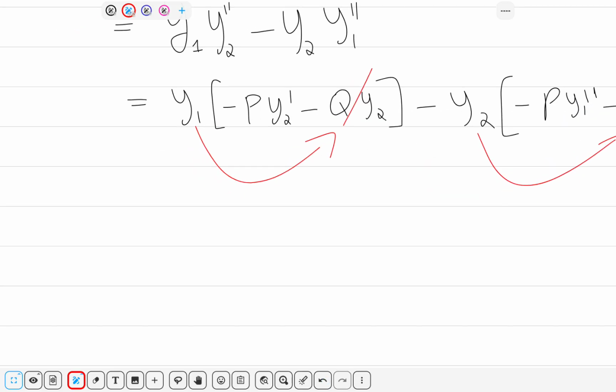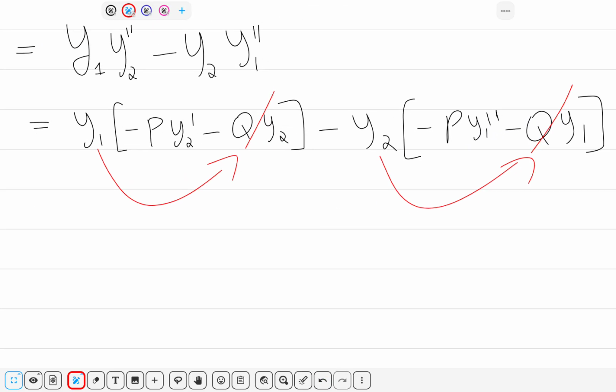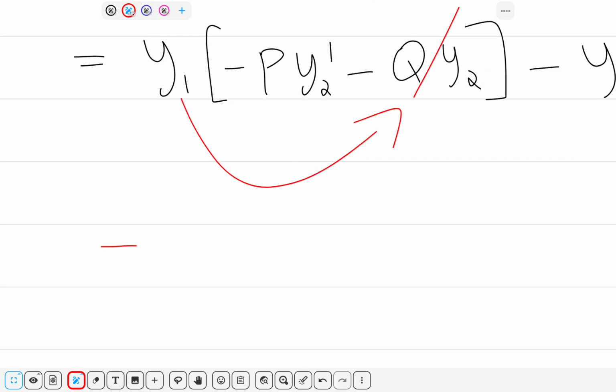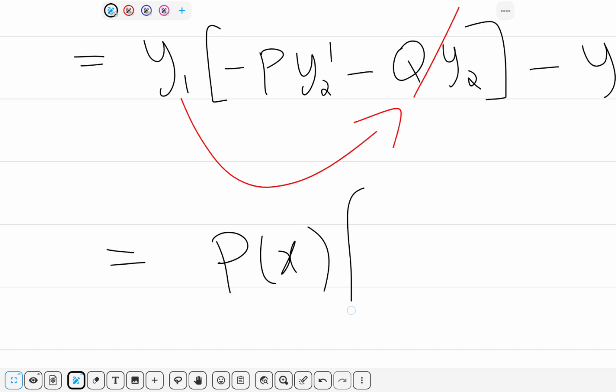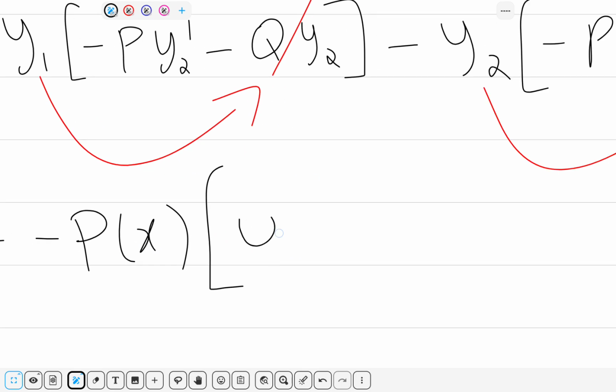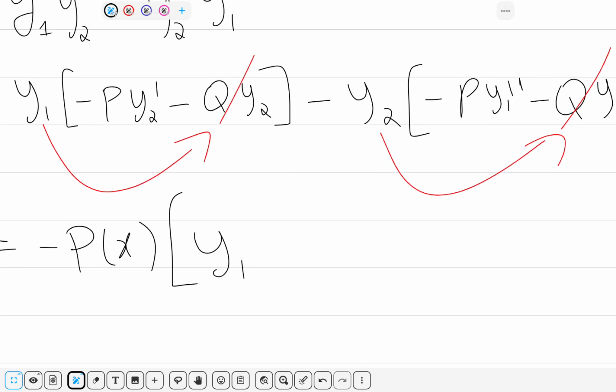So the remaining part will be this, apparently: minus p of x times y1 times y2 prime minus y2 y1 prime. Is it correct?